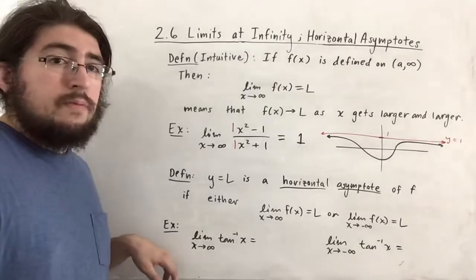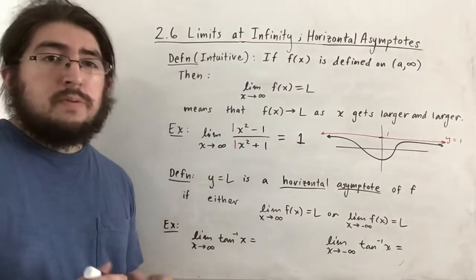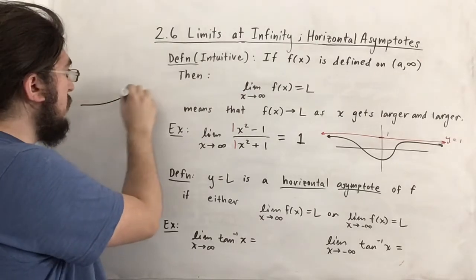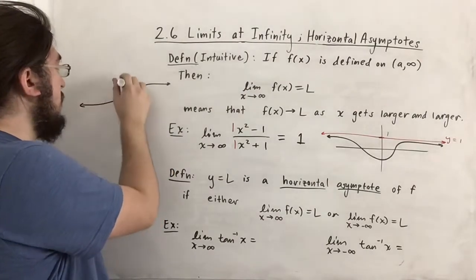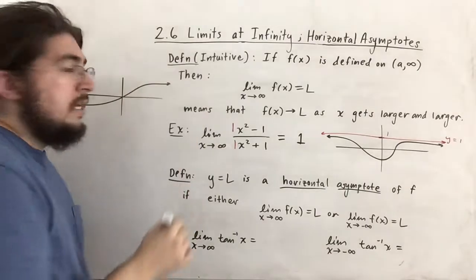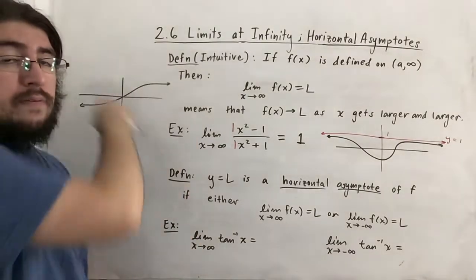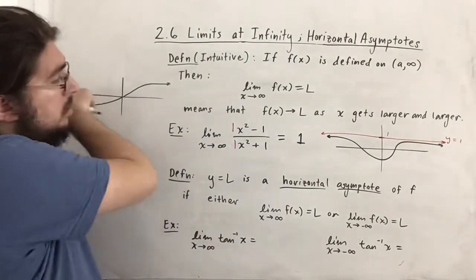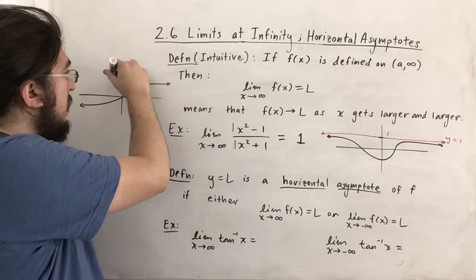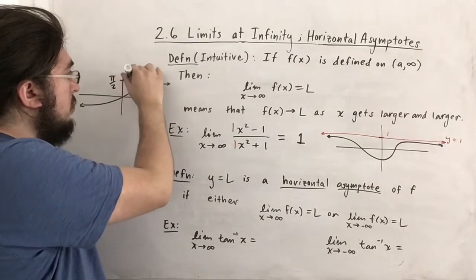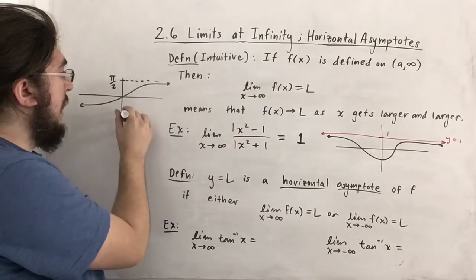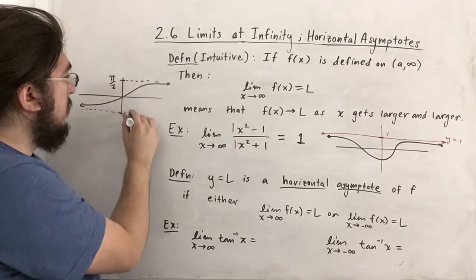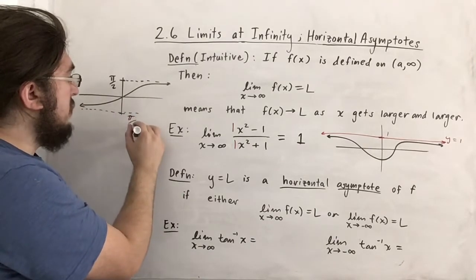This is a good example of one, tangent inverse, and we've seen this before, because recall the tangent inverse, which we saw in the previous video 2.5, has a graph that looks something like this. There is a horizontal asymptote at pi over 2, and another one at negative pi over 2. As x goes to infinity, the y values will get closer and closer to pi over 2. As x goes to negative infinity, the y values will get closer and closer to negative pi over 2.